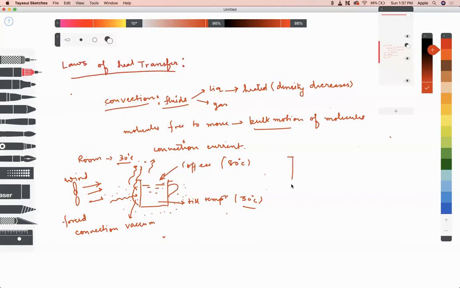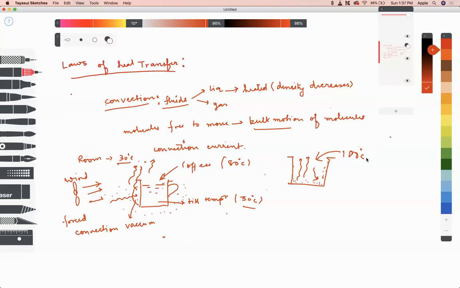So what happens is that the water molecules which are in direct contact with the vessel will get heated up first. All right, and as they heat up, they will tend to rise up, and other molecules will occupy their space, and this process will keep on continuing until the temperature of the entire water comes to 100 degrees Celsius, and then obviously boiling starts if it's an open vessel.